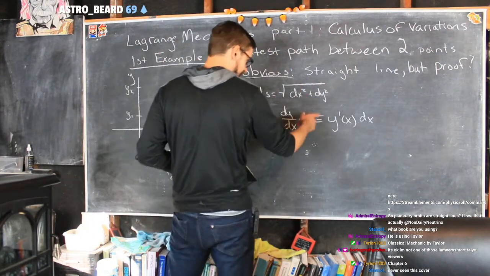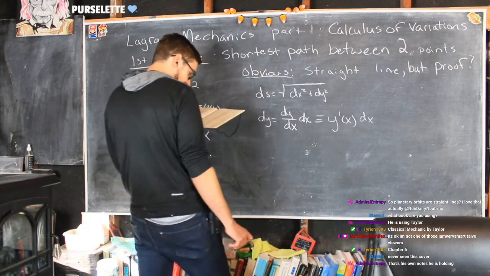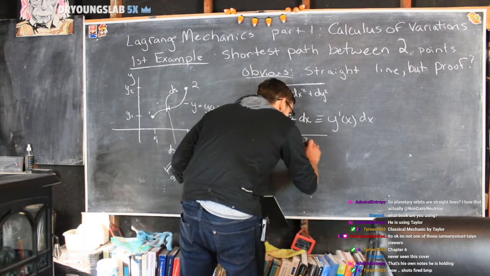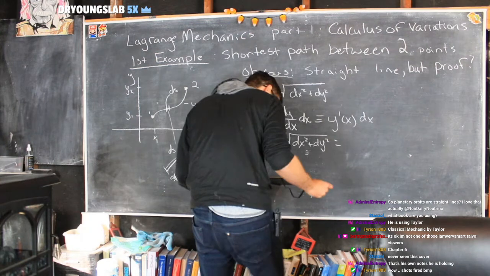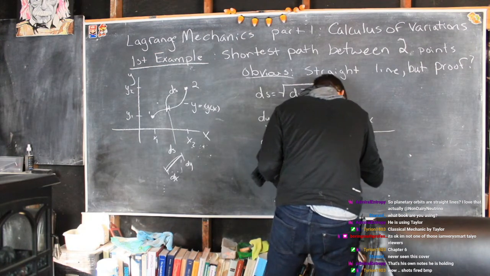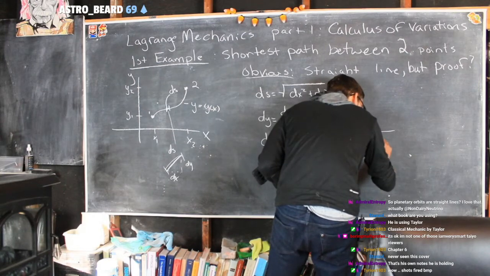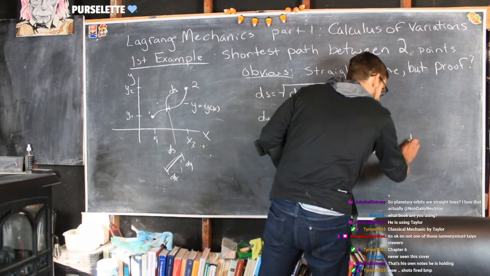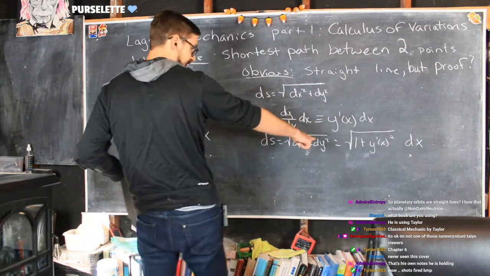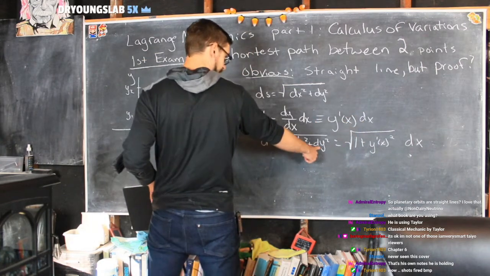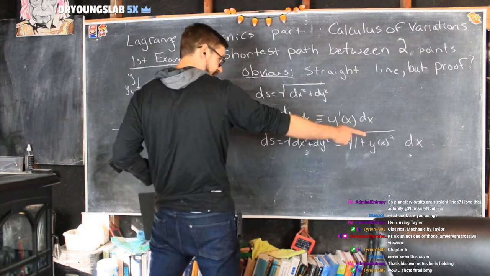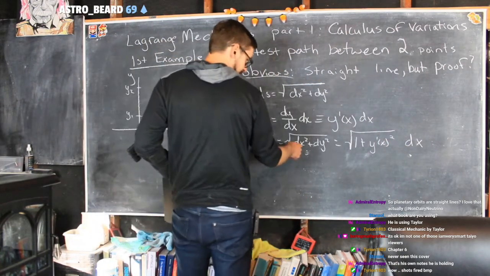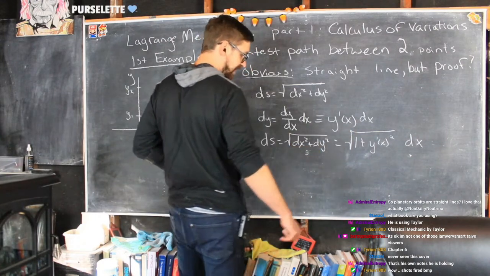Let's put it in here, and we find that ds, which is equal to the square root of dx squared plus dy squared, is also equal to the square root of 1 plus y prime of x squared, dx. All I'm doing is taking this: there's a dx now for this dy, so there's dx squared here as well, so I can factor out the dx squared. You take the square root of the dx squared, you get the dx on the outside, and inside you're only left with 1 plus y prime of x squared.